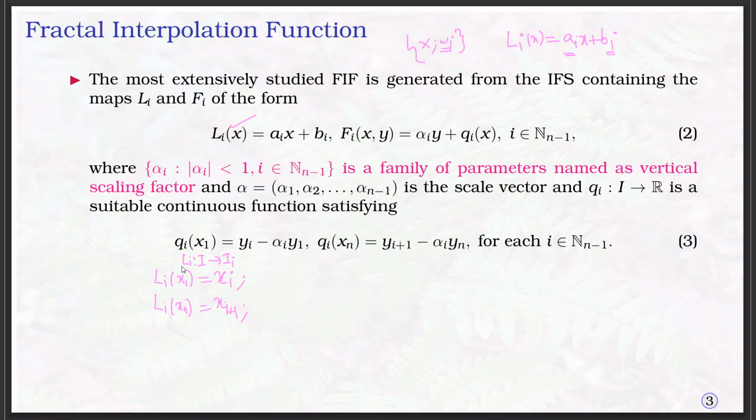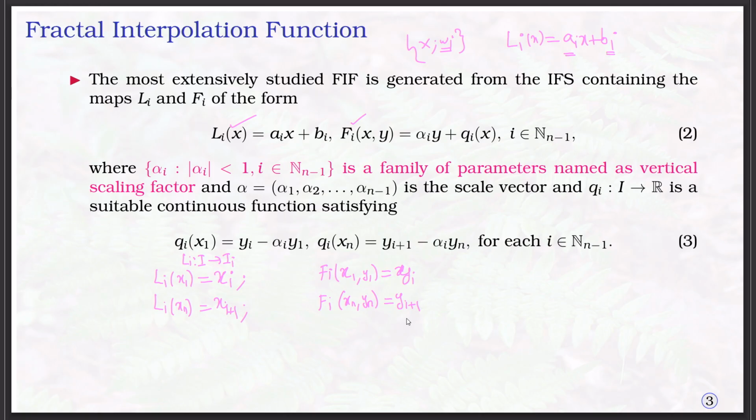Now, this controls the x direction; to control the vertical direction we created this Fi. This Fi also satisfies the endpoint conditions: Fi of x1 and y1 equals xi, yi, and Fi of xn and yn equals xi plus 1, yi plus 1.